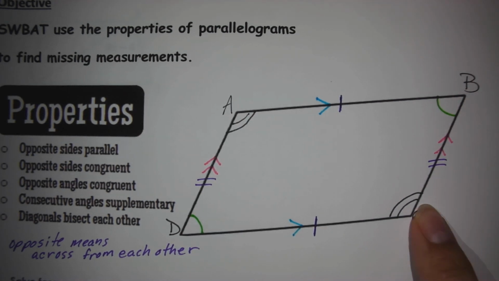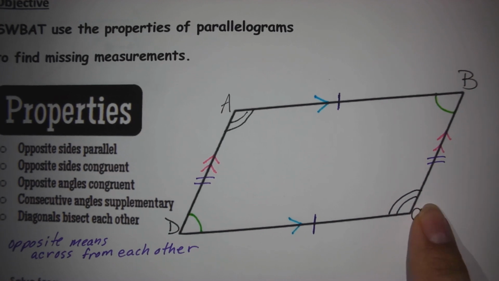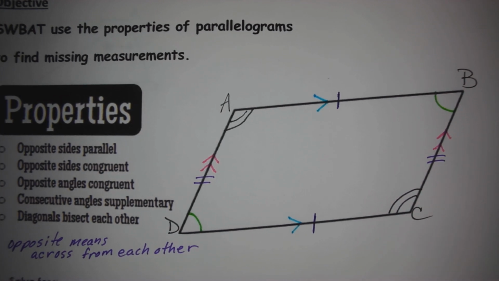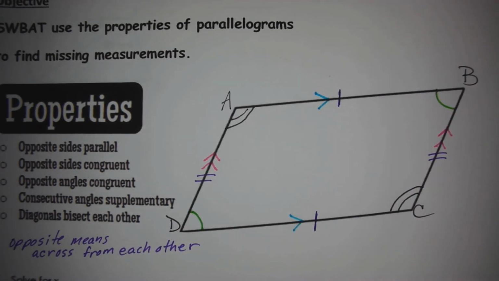B and C are consecutive angles. And it's on purpose that we name them with the alphabet because they're easier to keep track of. So our consecutive angles are A and B, and B and C.